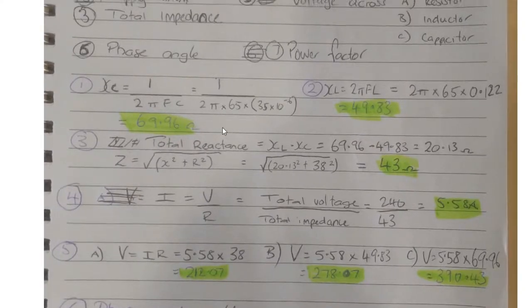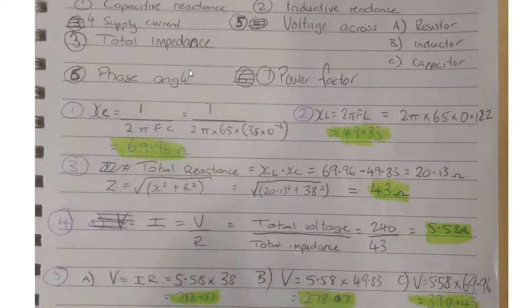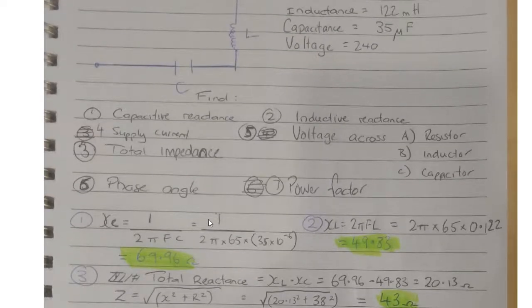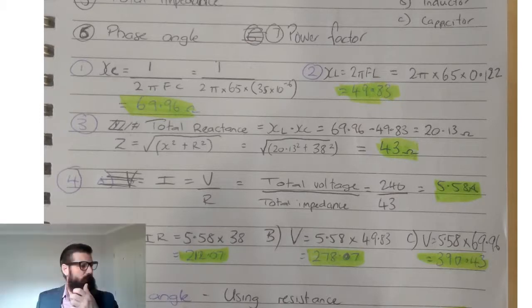Question number 3 was total impedance. Look at question number 3, total impedance. Well, what do I need to know to get total impedance? Total impedance is going to be adding up our resistance, inductive reactance, and capacitive reactance.